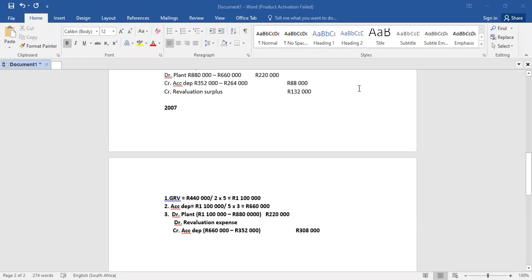So last year sathola ukuthi leli asset kumele sithenge 880, angithi accumulated depreciation yakhona beku-352,000. So this year sizothi i-GRV ya last year minus accumulated depreciation yakhona, 880 minus 352 kuphuma 528 angithi guys.